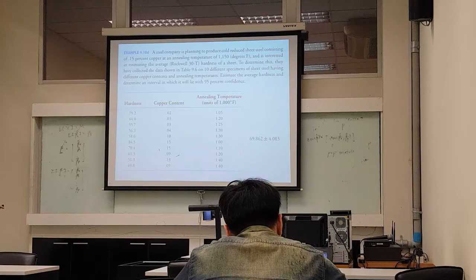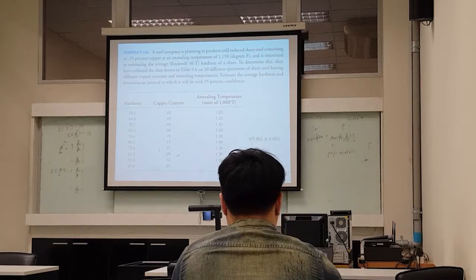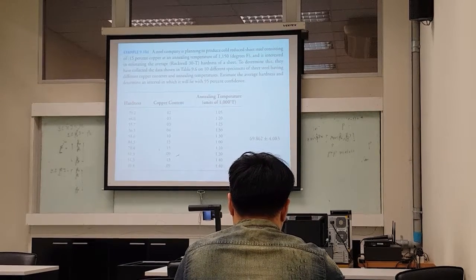For this data set, this is your y, hardness, and this is your x1, copper content, and this is x2, the annealing temperature, the temperature that you use in the manufacturing process of the steel.